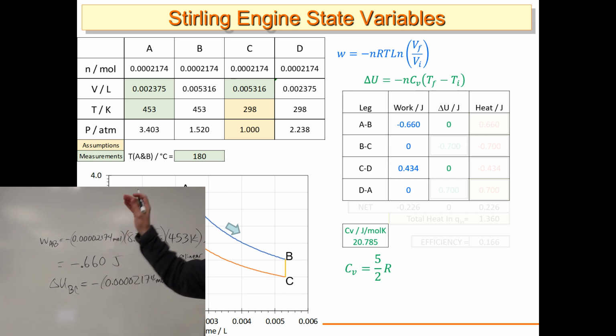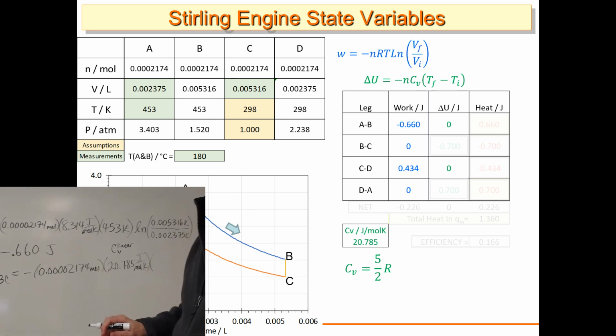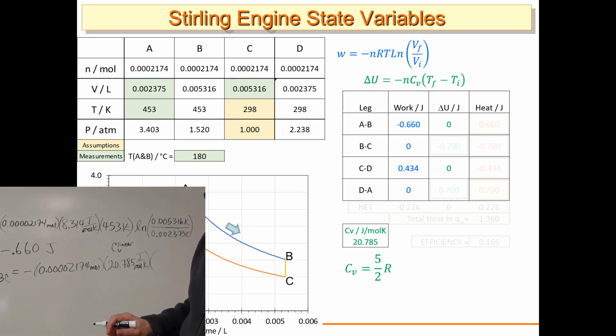And we're going from B to C, we're dropping in temperature, so the final temperature is the cold temperature, 298. And the hot temperature is 453. And so this is going to be a negative sign.